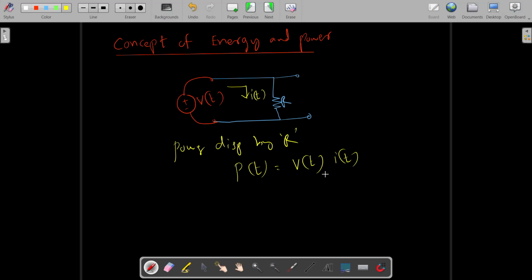The same power can be written in a different form as V square by R, and also as I square of t into R. These are the three forms of the power dissipated by the resistor R. This is called instantaneous power. Okay, let us go to the next slide.